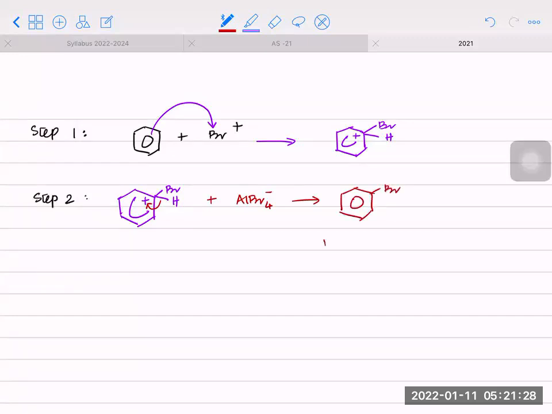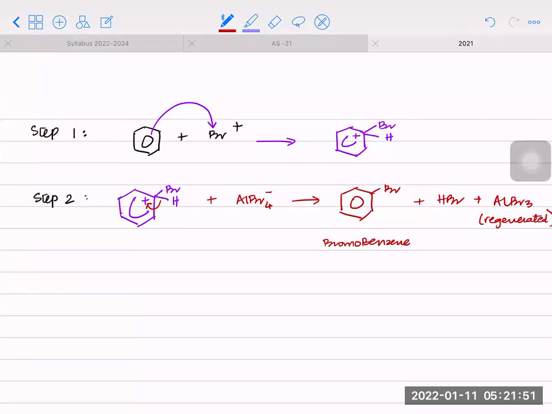So you have bromobenzene as one of the products, and the H plus that is expelled with Br minus will make HBr, and AlBr3 will be regenerated. Clear? So that is step number 2. And you see that this is regenerated. And that's what a catalyst should do.